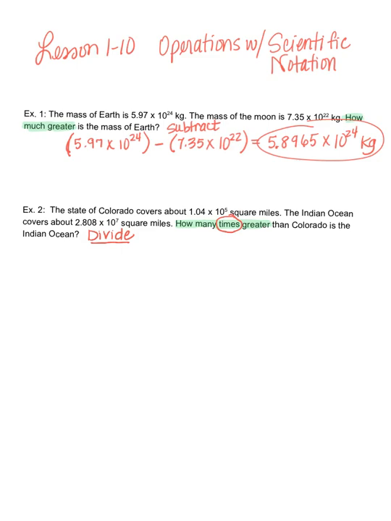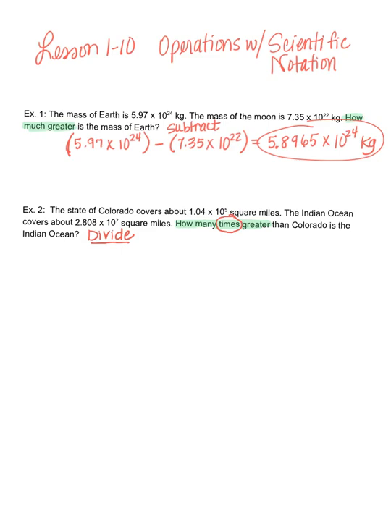When I divide, it is important that I put it in order of the biggest divided by the smallest. Because my question says how many times greater than Colorado is the Indian Ocean, that tells me the Indian Ocean is larger. I can tell just by looking because it has a larger exponent. It has a 7 and Colorado has a 5.